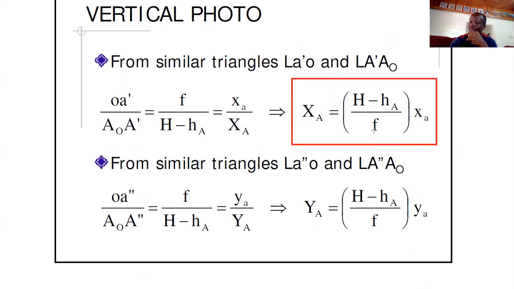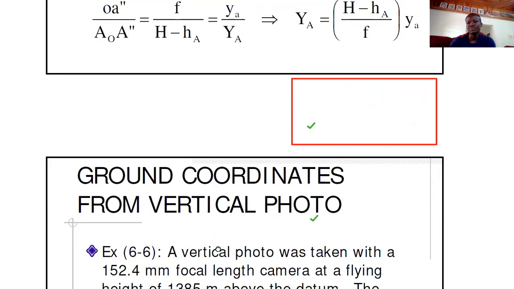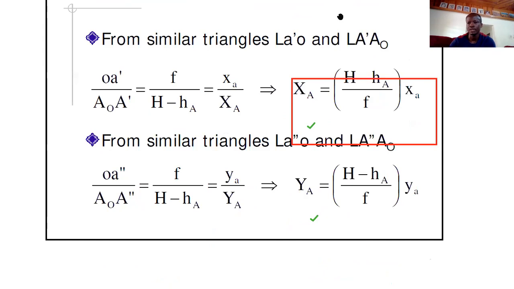F is the property of the lens, the focal length of the lens. And then you get your ground coordinate XA. You can do it for YA as well, but obviously we don't do it for ZA on purpose. Z is always going to be a challenge, but we just take it that this is a simple formula that we can always use.